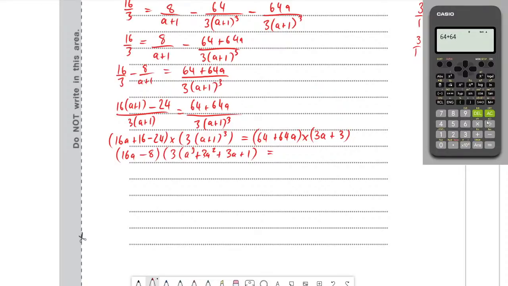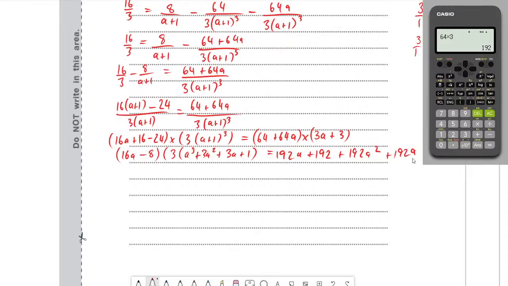But 192a plus 192 plus 192a squared. Outside first, outside, inside, plus 192. Is that right? No, the last one should have an a as well. Which is a really nice quadratic, actually.